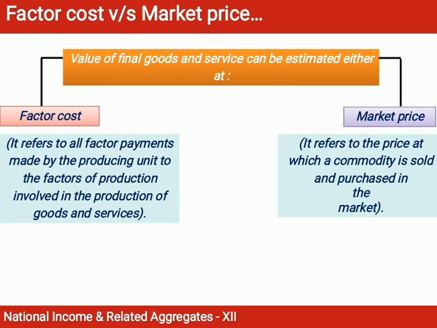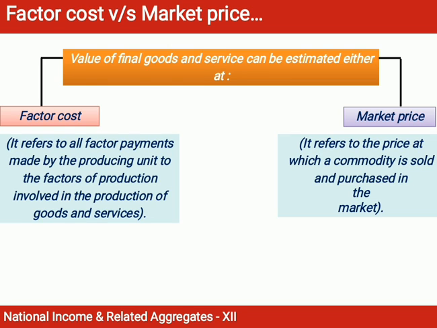For example, if the cost of producing a speaker set is rupees 500 and the government levies GST of 10%, then the price of the speaker will increase to 550 due to the indirect taxes. In this example, 500 is the factor cost and 550 is the market price.